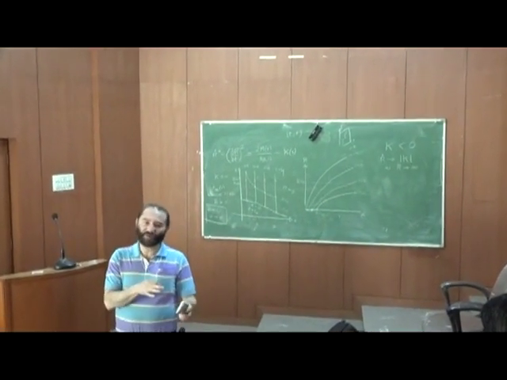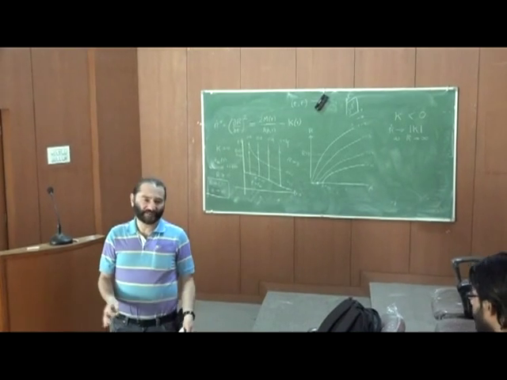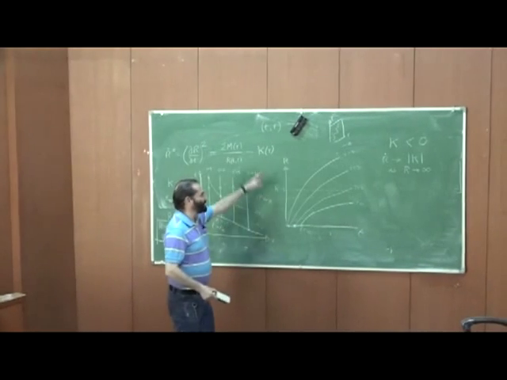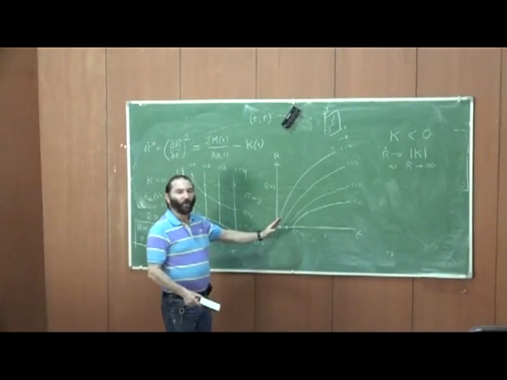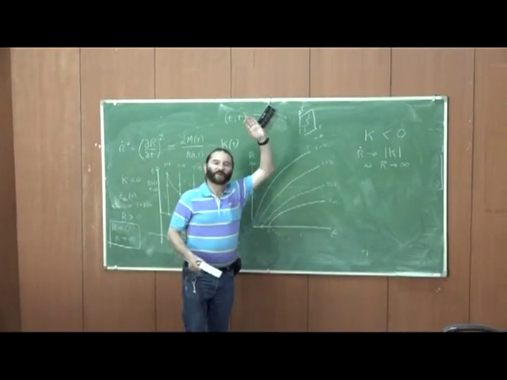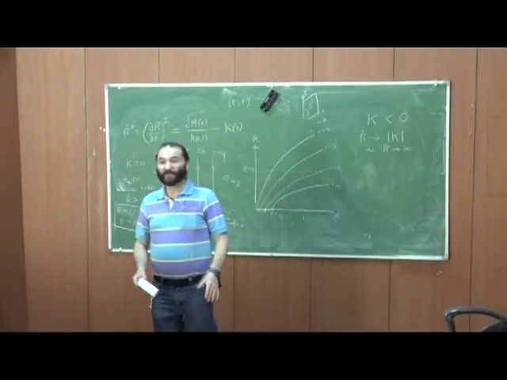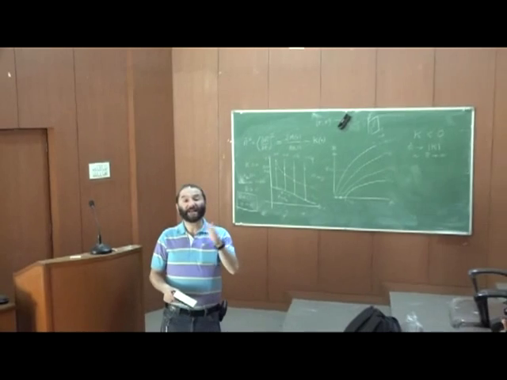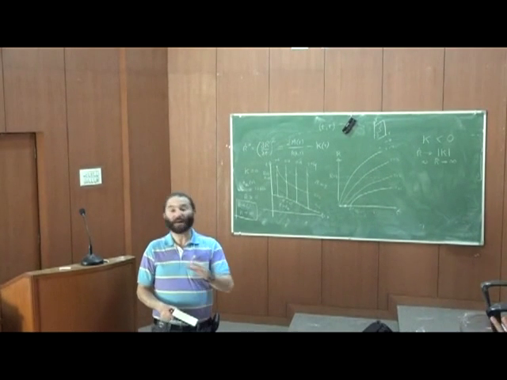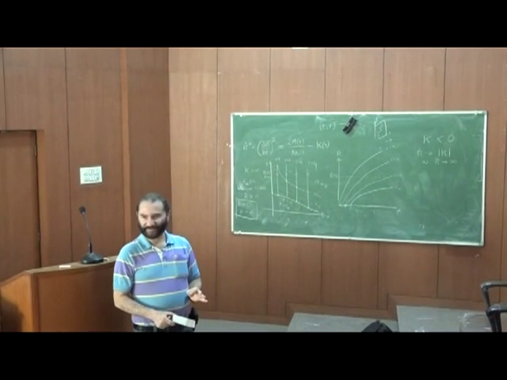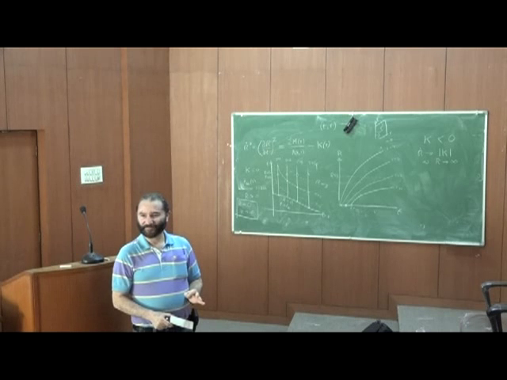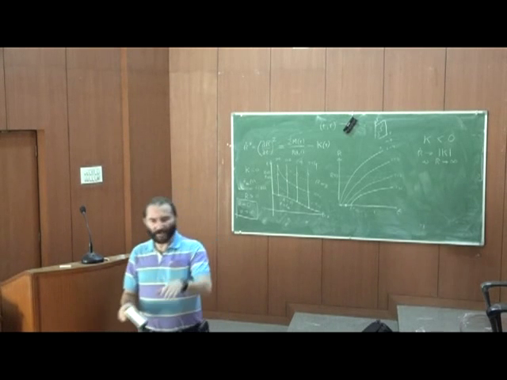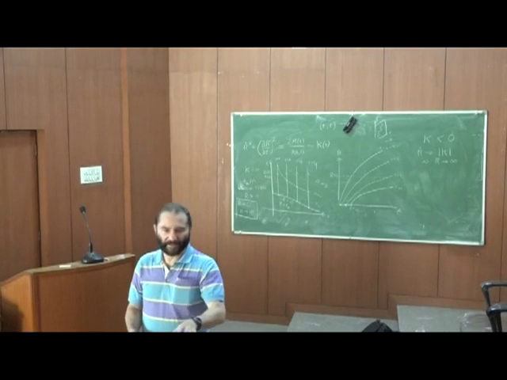Therefore, all these functions m, k are constants. So you don't have these differences. All the observers will do the same curve. Here, because of the radial dependence, the observers do qualitatively the same thing, but not identically the same thing. Now, we'll see how these functions are chosen. There are ways.